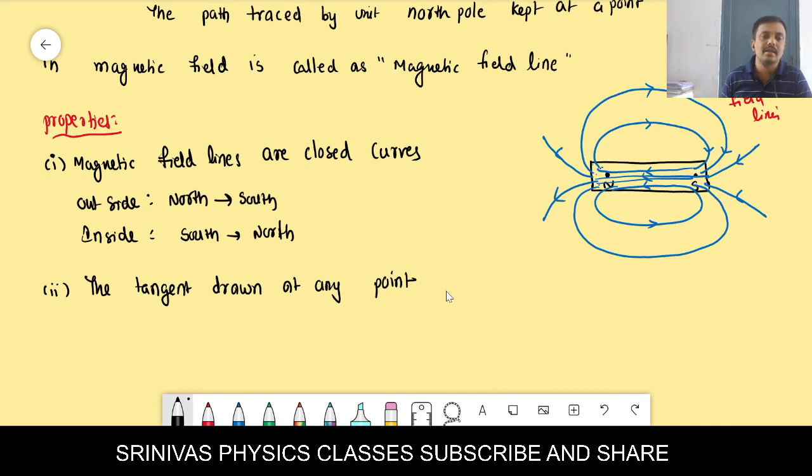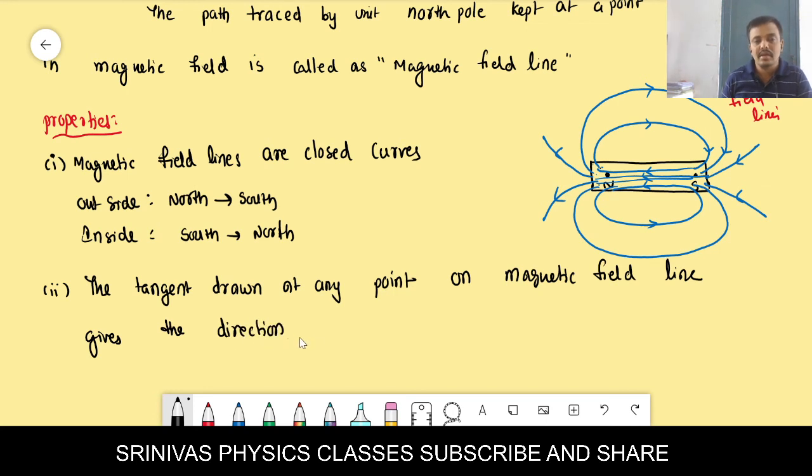The tangent drawn at any point on a magnetic field line gives the direction of the magnetic field or induction. It will give the B direction. B is the magnetic induction, the magnetic field strength, which can be measured by the value of B.